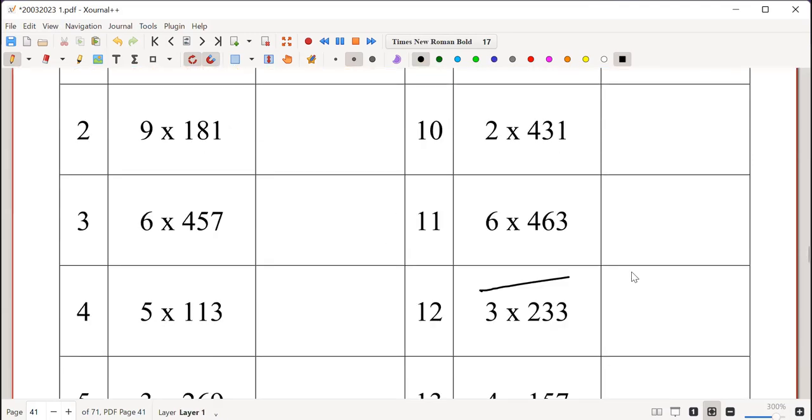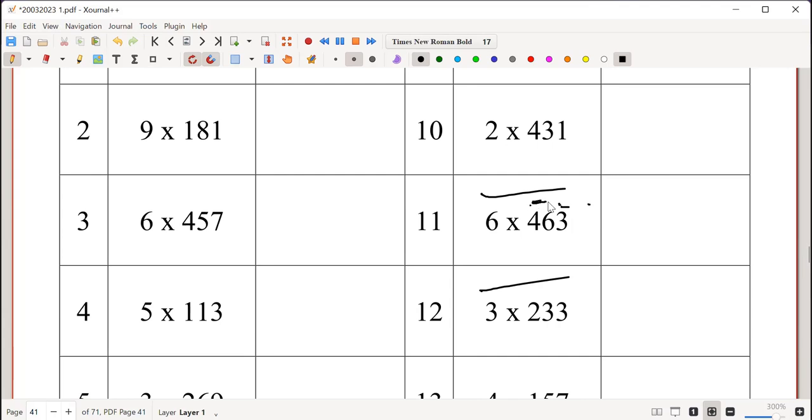What would be 3 into 2 per... What would be 6 into 4 by 3? So, this is 3, 6.